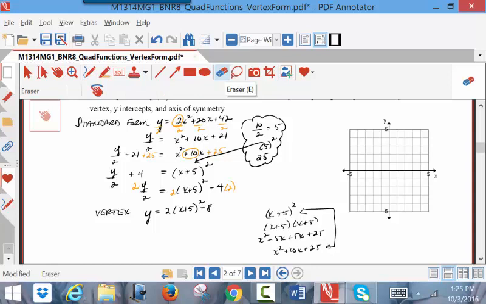Okay, so now if I want to graph it, what is my vertex? My vertex is negative 5, negative 8, so it's down here. I've got to erase this mess I just made because it's going to be in my way.